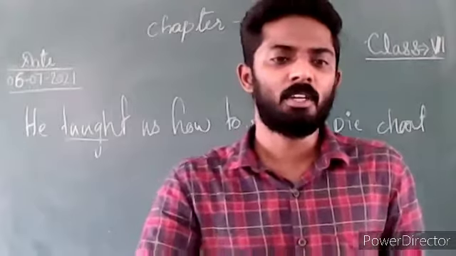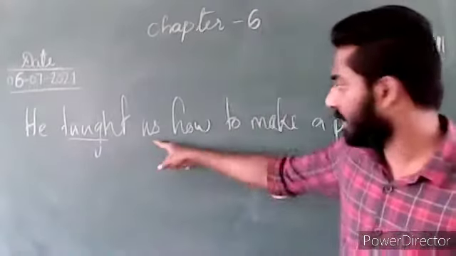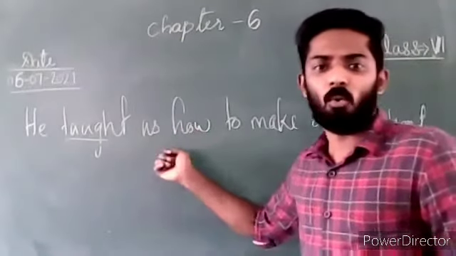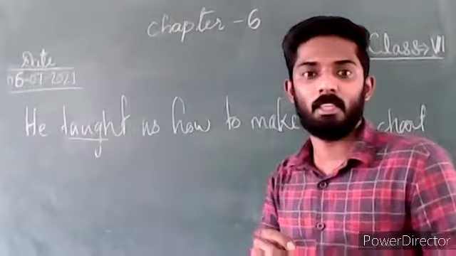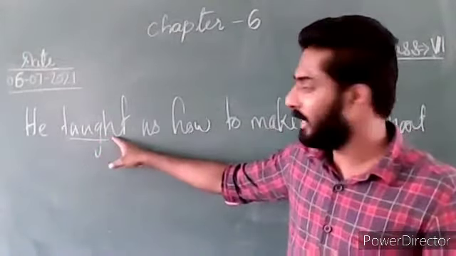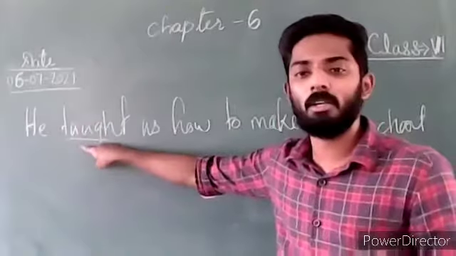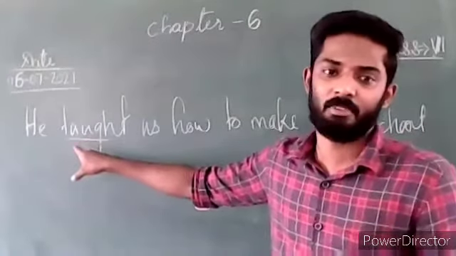The next one is, in the sentence above, the verb taught functions as a finite verb, and it also shows the tense. Since we used taught, we understand that this is the past tense.